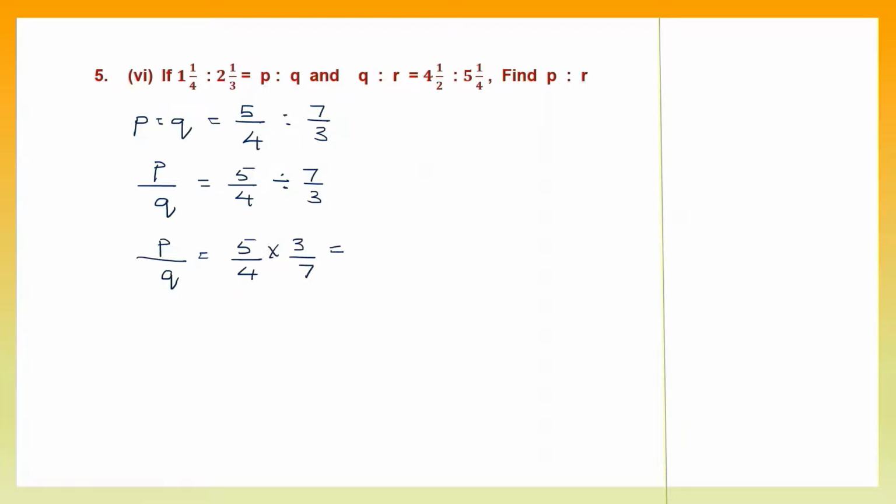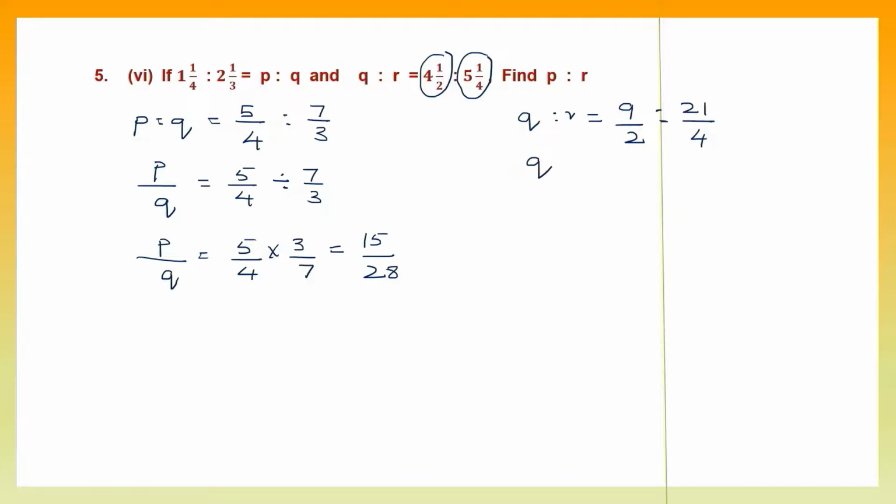So what does this become? 5 3s are 15 and 4 7s are 28. So P by Q is 15 by 28. Now let's see, Q is to R equals, let's convert and write this one. 2 4s are 8 plus 1, 9 by 2 is to the next one, 4 5s are 20 plus 1, 21 by 4.